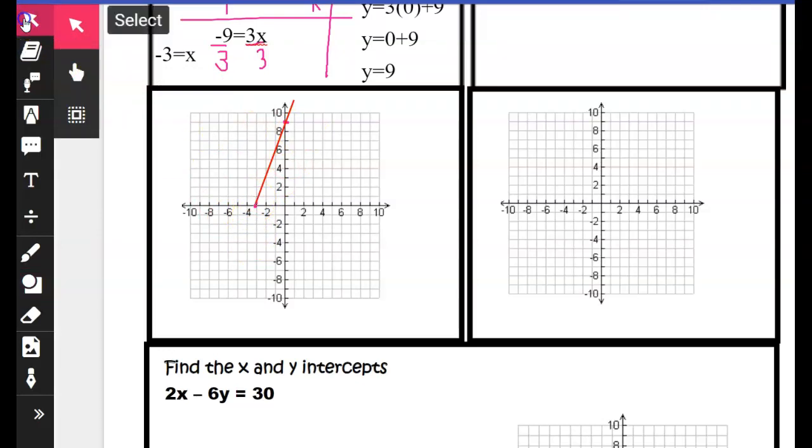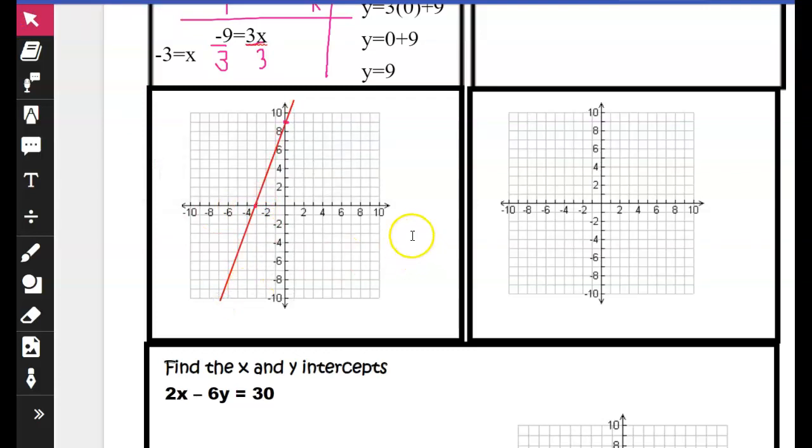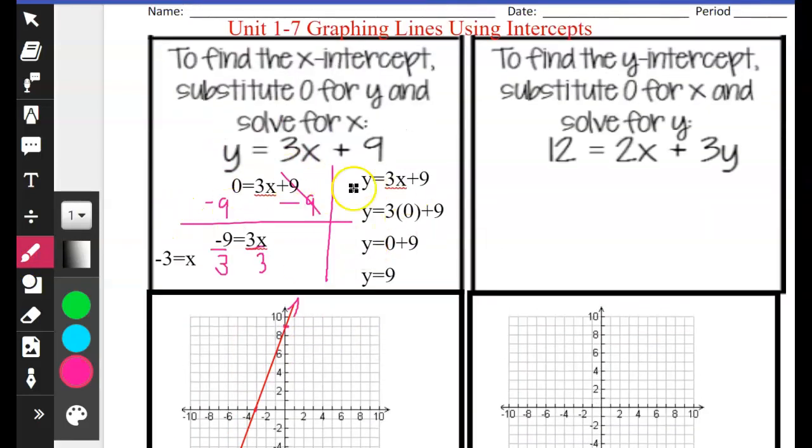Now, I clicked on my select tool, and I'm going to select this end and drag it out a little bit longer, because a good line goes all the way across the graph, and a good line also has arrows on the end. So I have found my 2 intercepts and used those 2 intercepts to graph the equation.